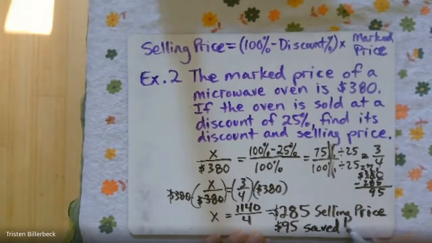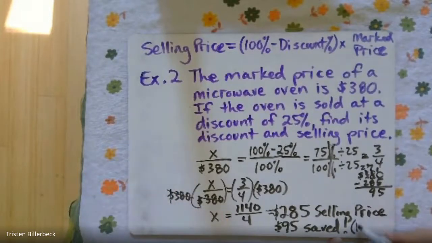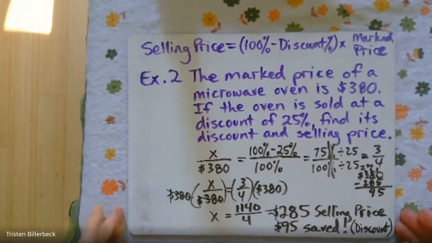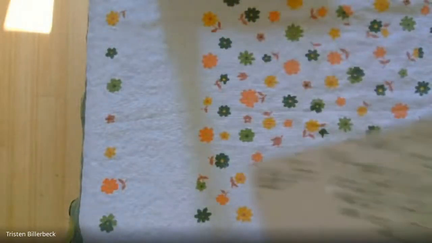That's pretty good. So that's our discount. $95, that's a lot of money. Okay, so that's the second example. Let's look at the next example.